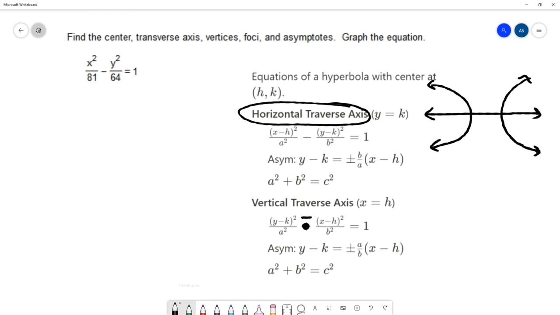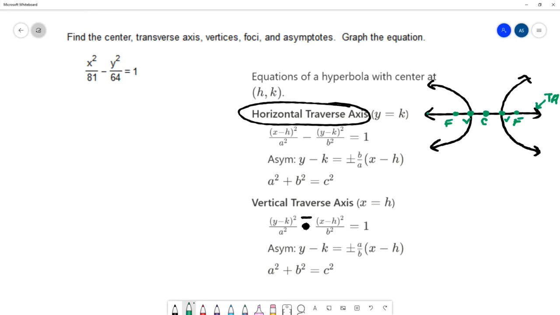And they line up horizontally along this transverse axis. So this is going to be our transverse axis. It's horizontal. You're going to have the center. Around it you have vertices, and then around that you have your foci. So you have the center, vertices, and foci.